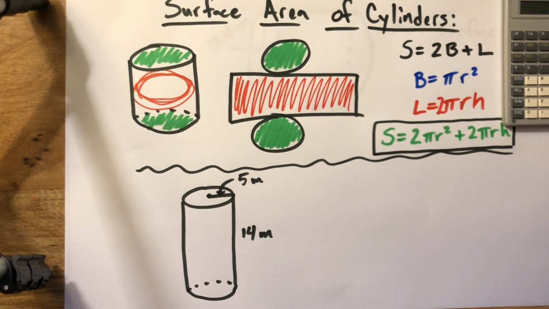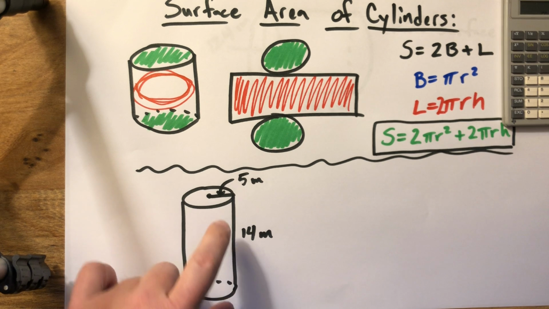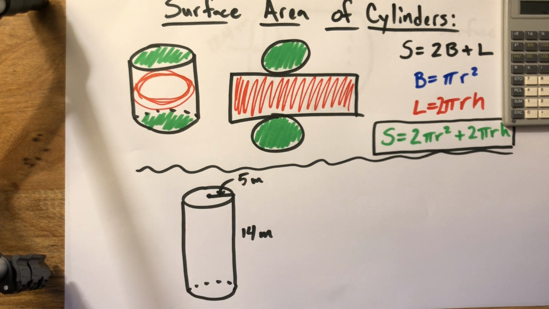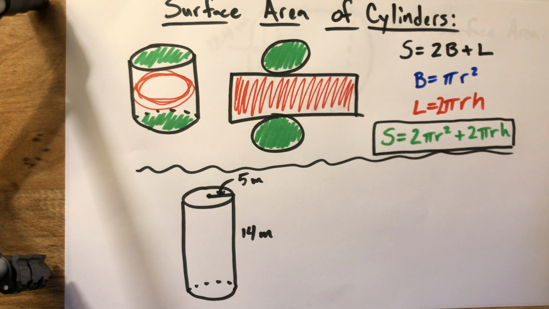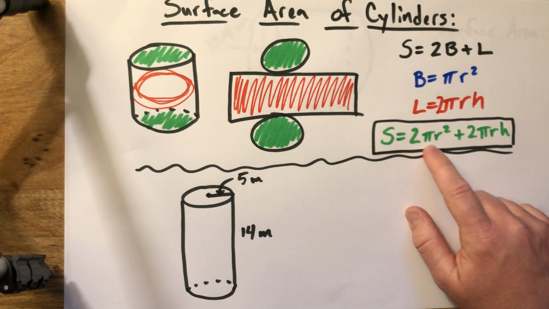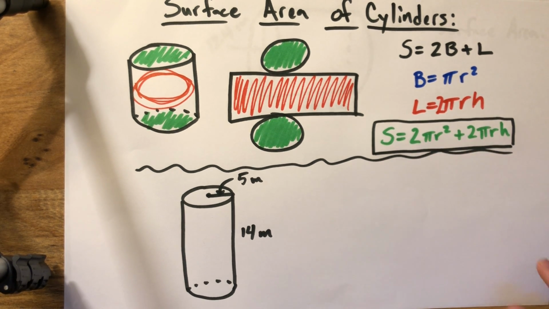We're going to use that right now in finding the surface area of this cylinder. Just to break it down, I see that the radius of the base is 5 meters, and I see that the height of the whole cylinder is 14 meters. Double check that we have the radius, double check that we have the height, which we do. We're not talking in terms of diameter or some other form of measurement. Our formula is in terms of radius and height.